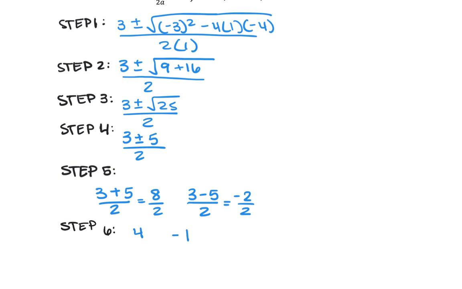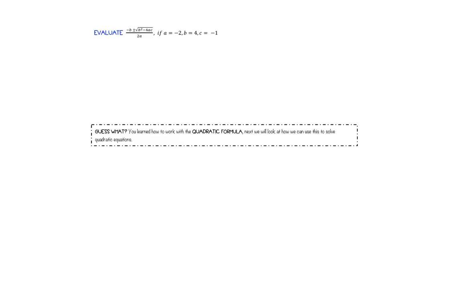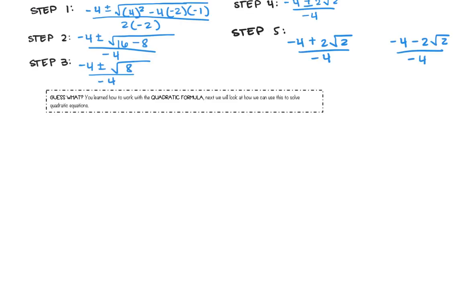So your two answers are 4 and negative 1. All right, now I'm going to let you go ahead, pause the video, try this one on your own, okay? And after you pause the video, it'll show how to solve it on the screen. So pause the video, try this one on your own.